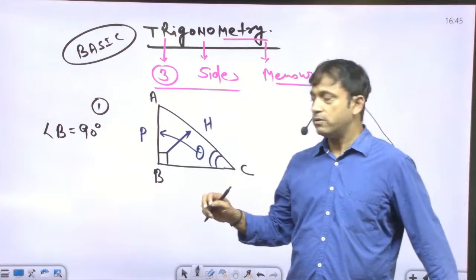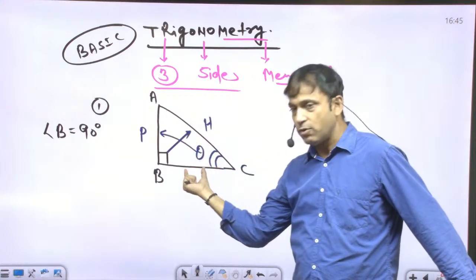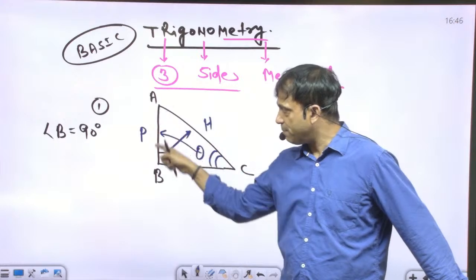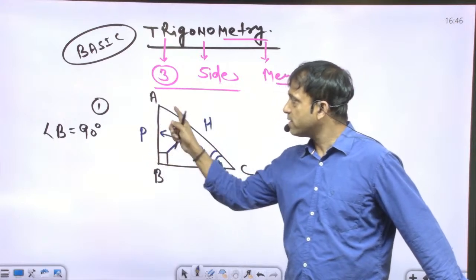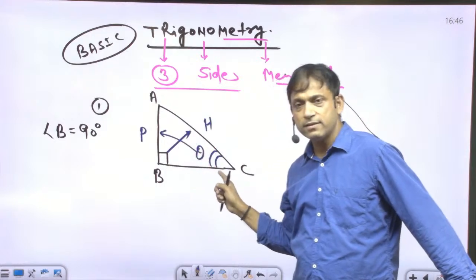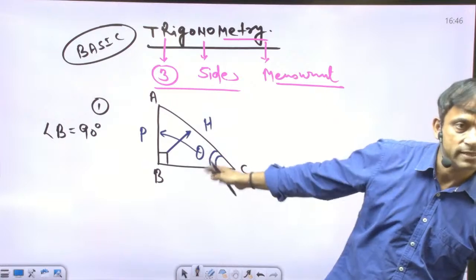P for perpendicular. If we assume theta at A, then this part will be perpendicular. If this is theta, then this part AB is perpendicular. If you take theta at A, then in front of A, that is BC, will be perpendicular. BC is not always a base.